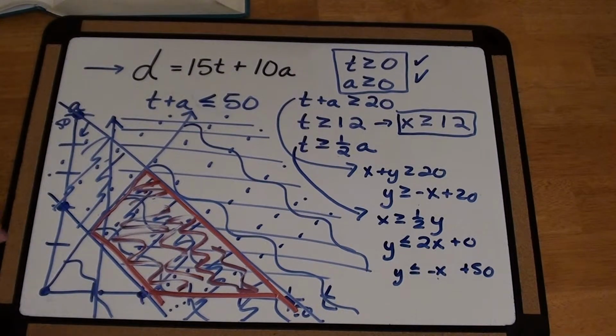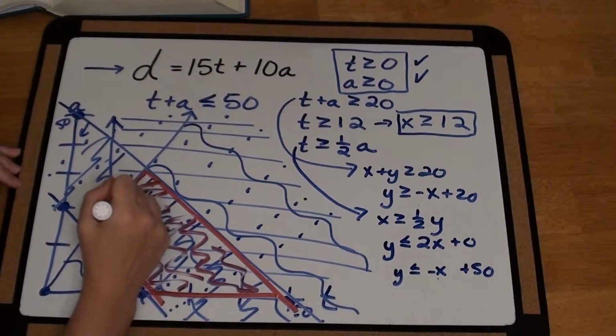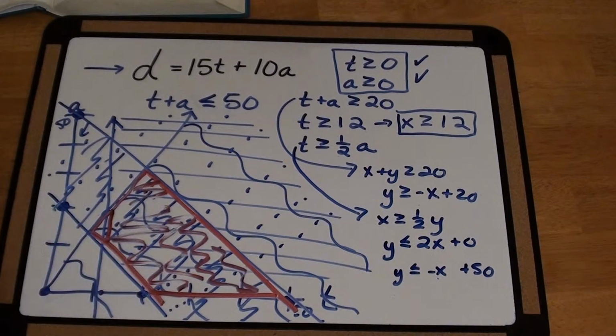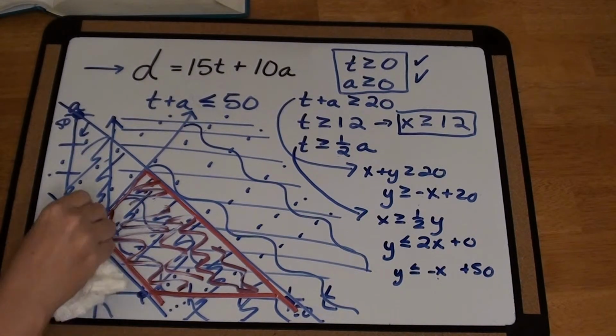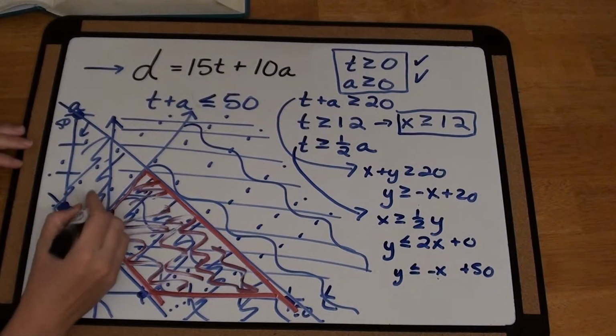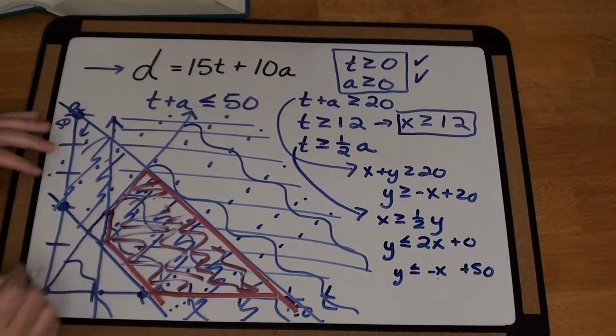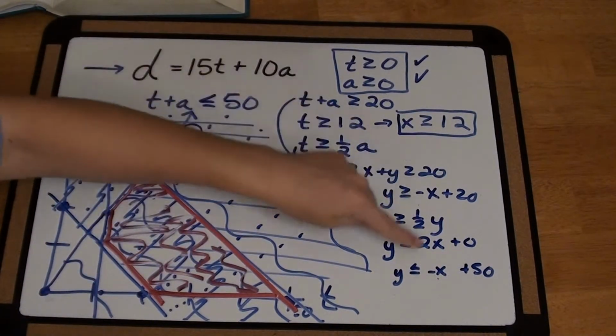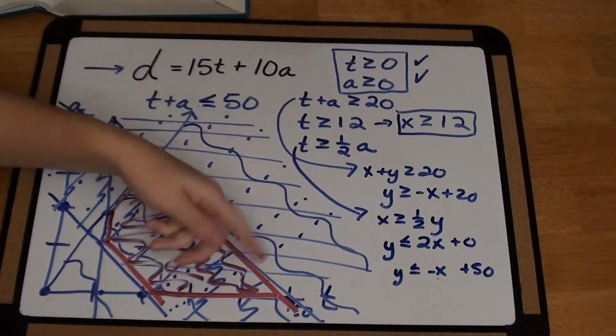Oh, I went too far. It should be like this. All right. So this is a picture of all the things that would make all of these equations work. These are all the different number of 8s.